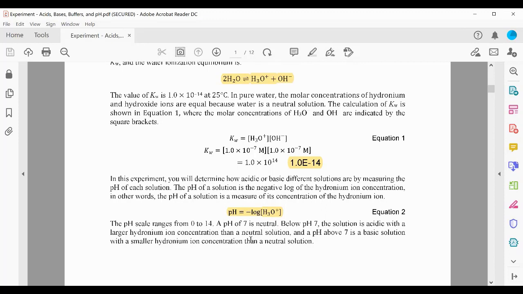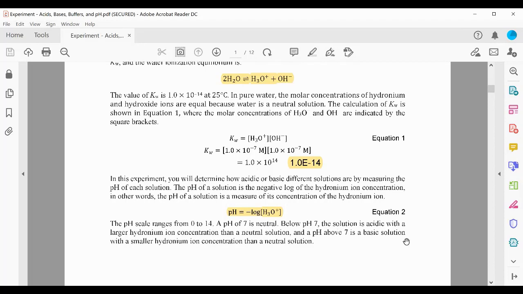So what would be a neutral pH? If the pH is 7, it's going to be neutral, because neutral means that the concentration of hydroxide ions equals the concentration of hydronium ions. That is the definition of neutral.